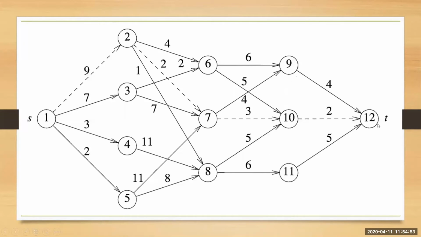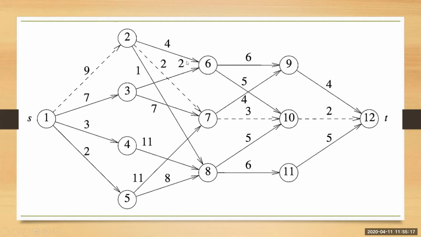In stage number 5, 1 vertex. These are the costs associated with each edge. Every edge is associated with a cost, so don't get confused. Here 2 refers to this dotted line, and here 2 refers to this line. You have to understand which edge it refers to.